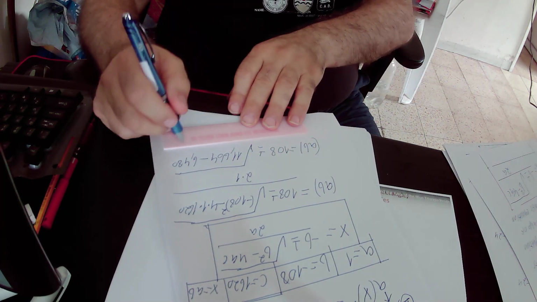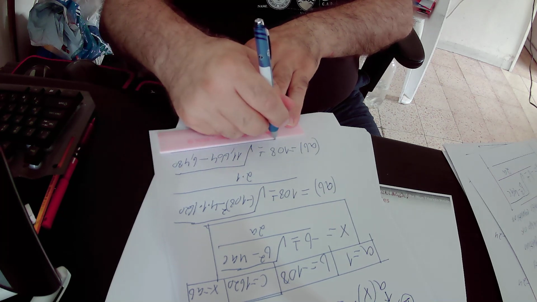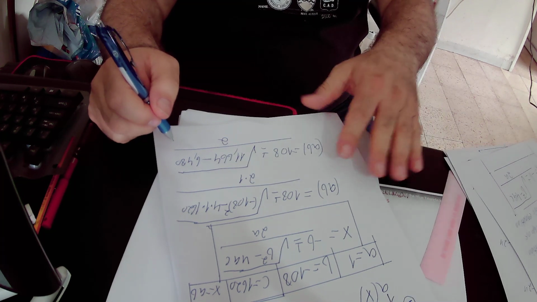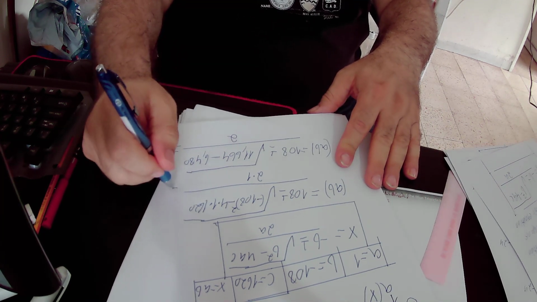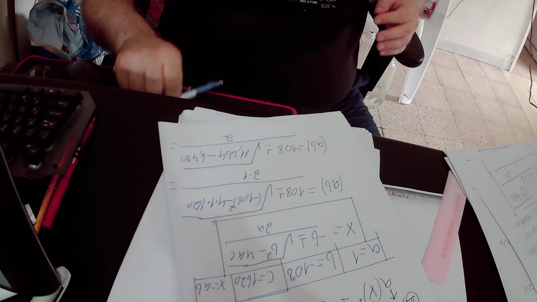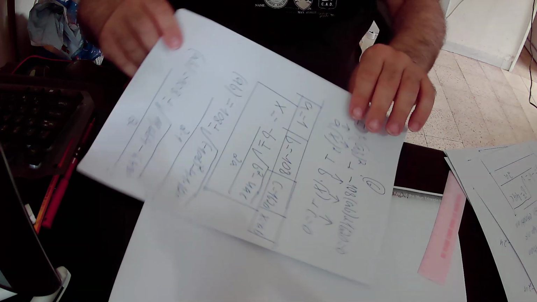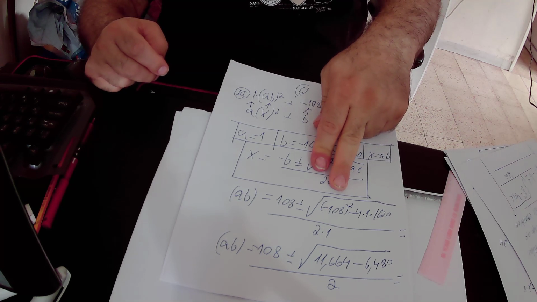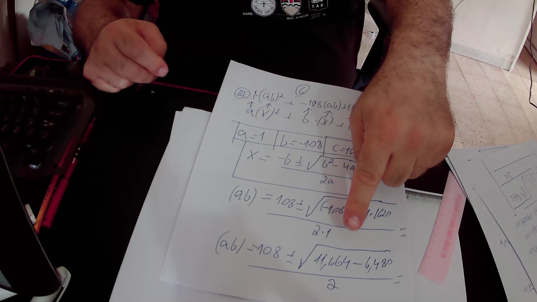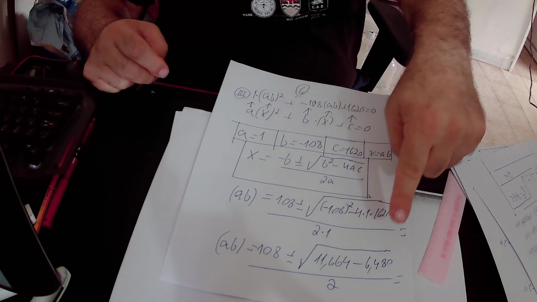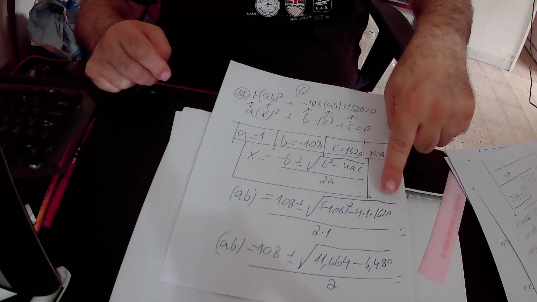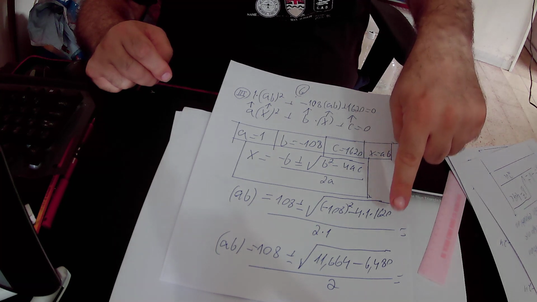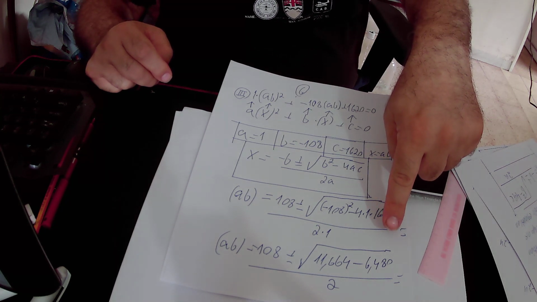By 2 times 1 is 2, so all divided by 2. So you can see negative 108 squared equals 11,664, and minus 4 times 1620 equals 6,480.